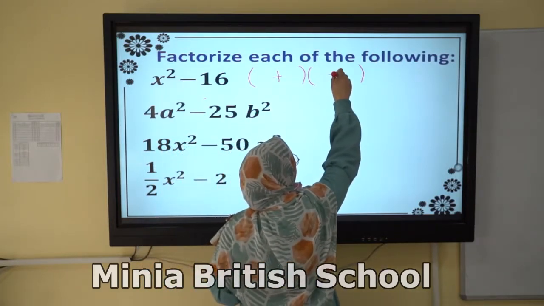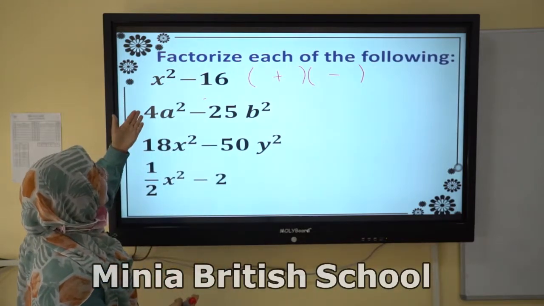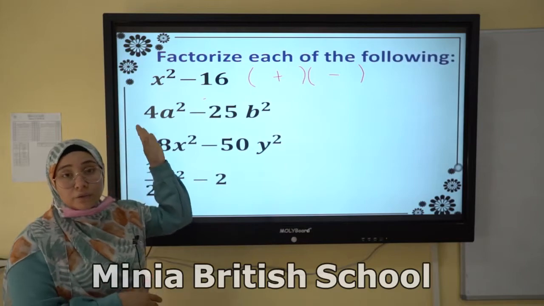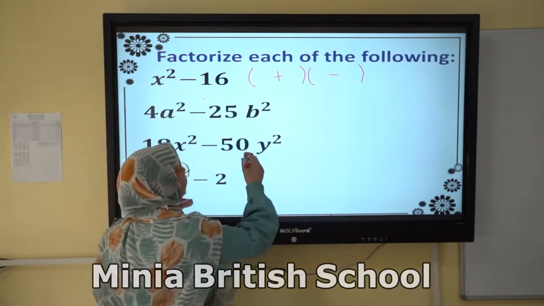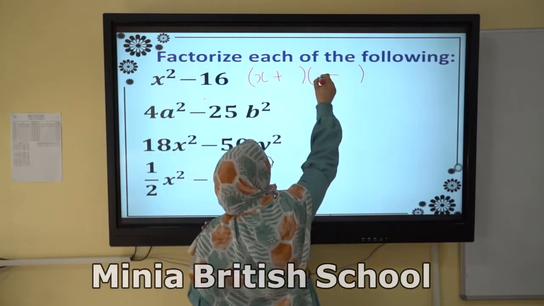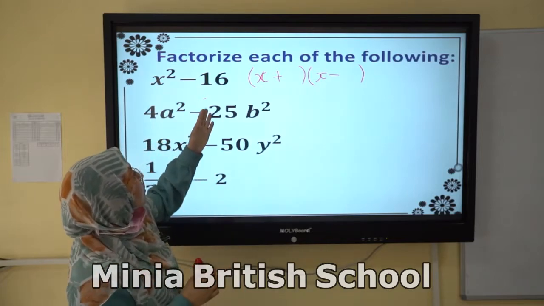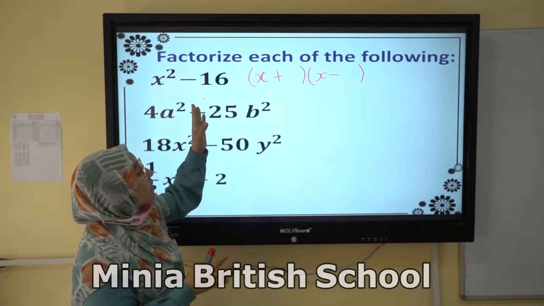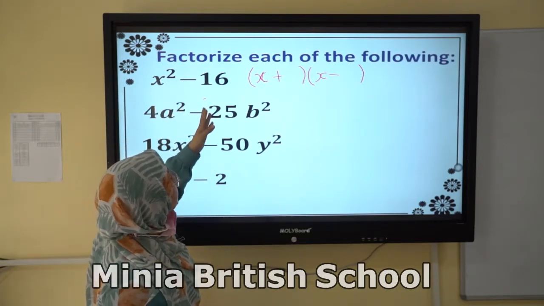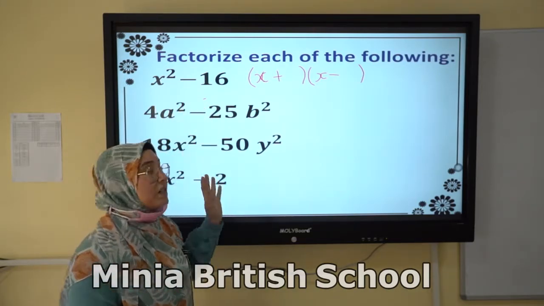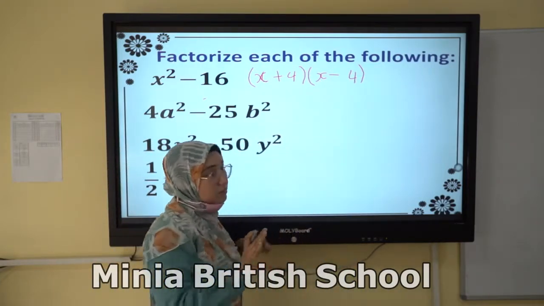Third step, find the square root of the first term. The square root of the first is x, so write x here and also x here. In the fourth step, find the square root of the second term. The square root of 16 equals 4, so write 4 here and also 4 here.